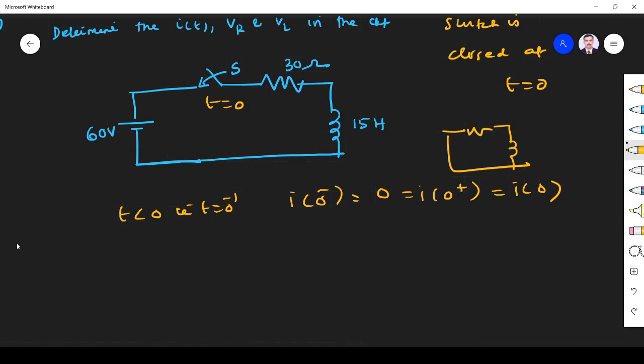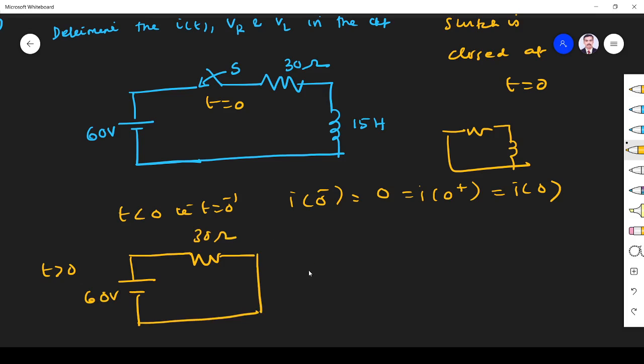Next, when t is greater than 0, the switch is closed, so the circuit will look like this. When you apply steady state, the inductor will be short, with 30 ohm. Now I find the steady state current I infinity, V by R, 60 by 30, 2 ampere.